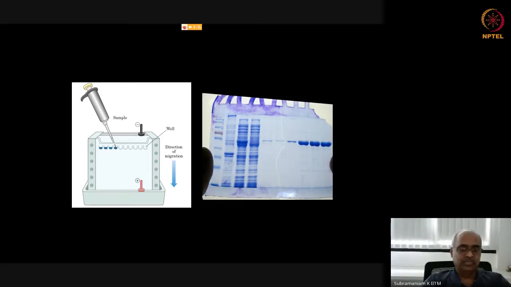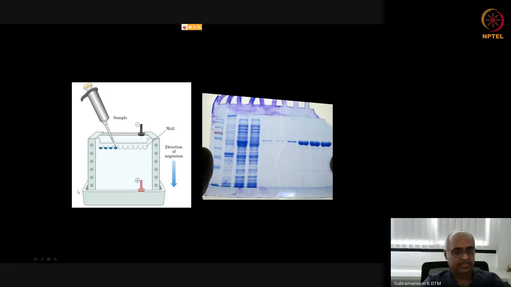So this acrylamide, bisacrylamide polymerization, the way we do it is shown in this cartoon on the left. Here you keep two thin glass sheets, basically like window glass. The top of one glass is notched like this.